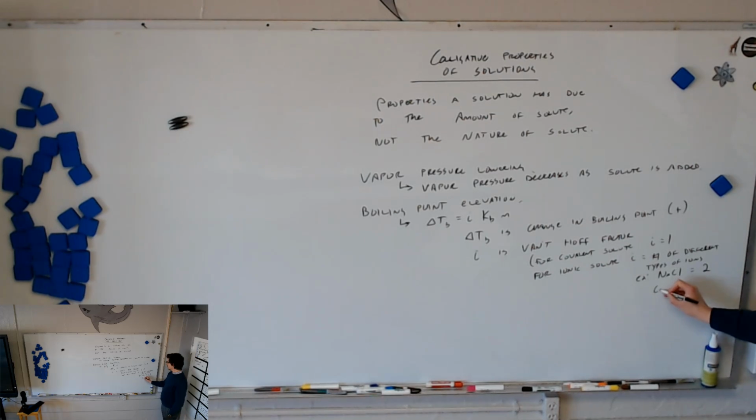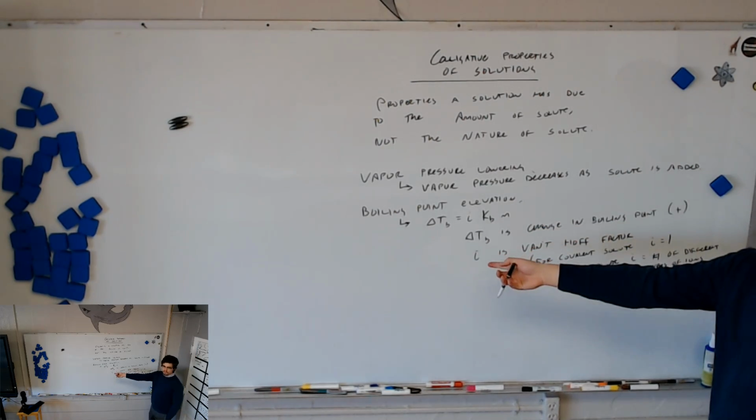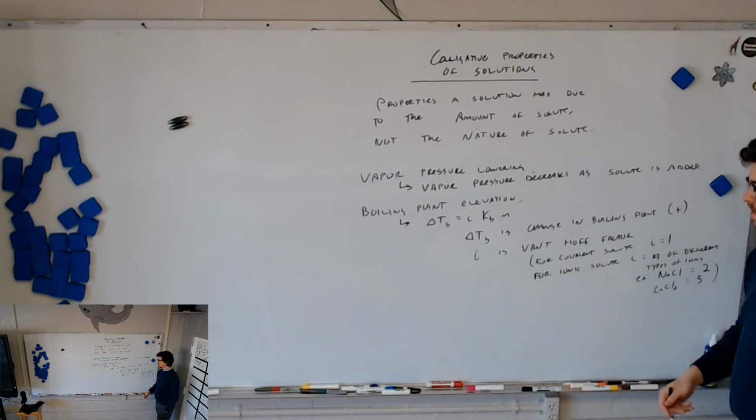What about calcium chloride? Wait, 3, because CaCl2. And that's one of the reasons they use calcium chloride on the roads, because for a given amount of calcium chloride, it has 3 times the change in boiling point, or freezing point, as we'll come to find out.